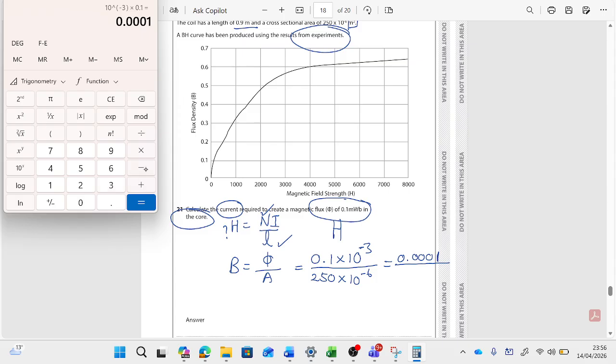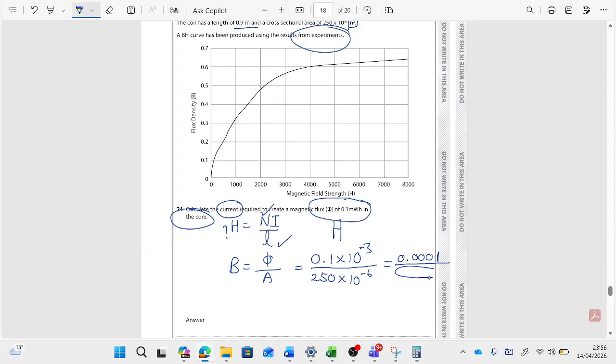Okay, and that divided by bracket 6 minus to the 10 multiplied by 250 close bracket, equals whatever that is.